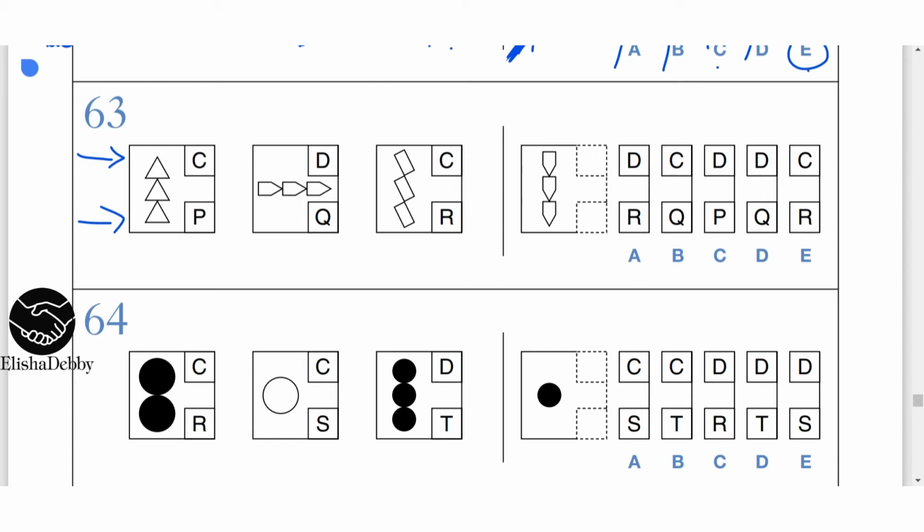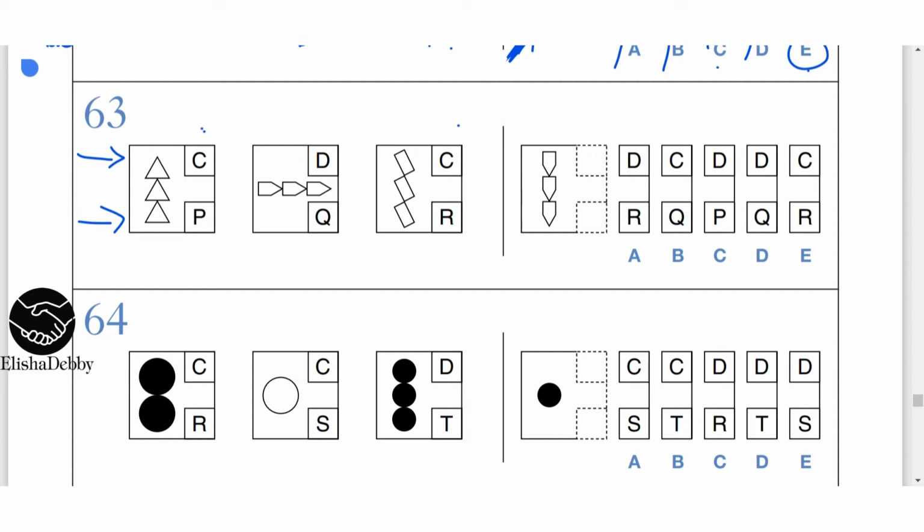So I will go on to say number 63 here. Let's look at the top one. For the top letters we can see a common one. What is common between them?